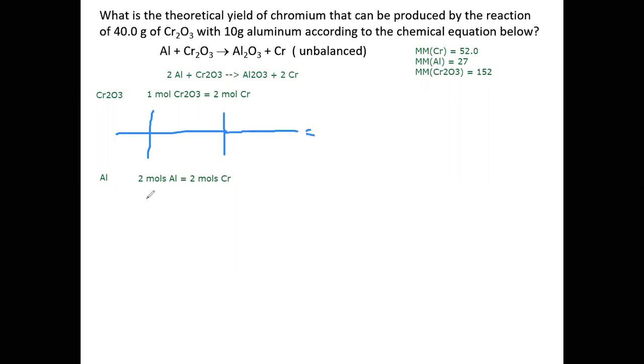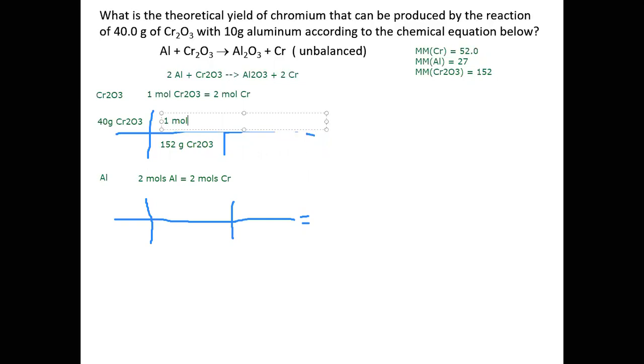So again, we're going to be doing the exact same thing for both reactants. So we start with the mass of chromium(III) oxide. We convert that to moles. And then we convert it to moles of chromium.